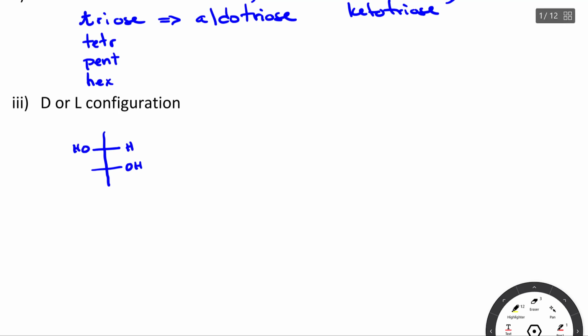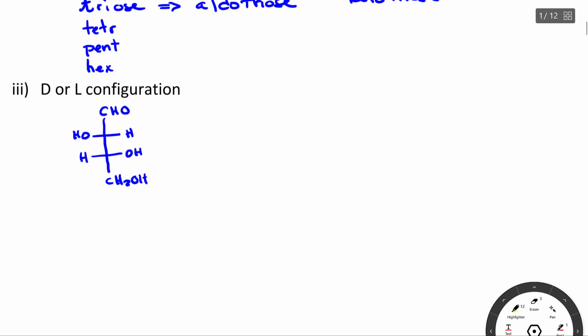I'll put OH here, and this is CHO, and this is CH2OH, and the atom that's missing over here is a hydrogen. All right, so this sugar has the name D-threose. And I'll show you some mnemonics for later for memorizing all these names. And I'll talk to you a little bit about whether or not you really need to memorize them, and it's kind of a 50-50 depending on what area of study you really go into.